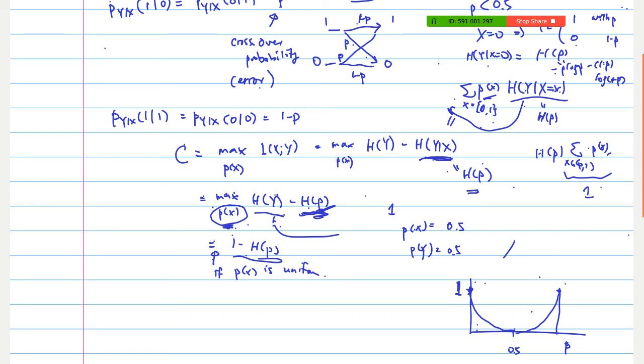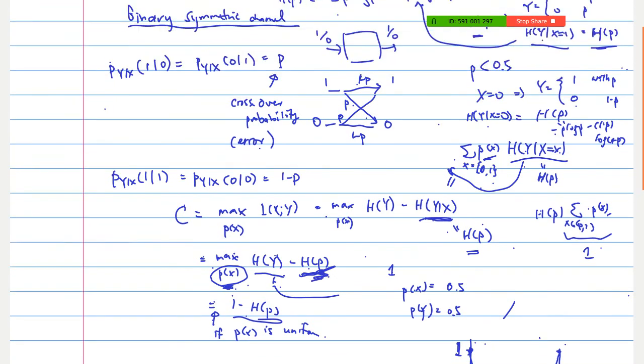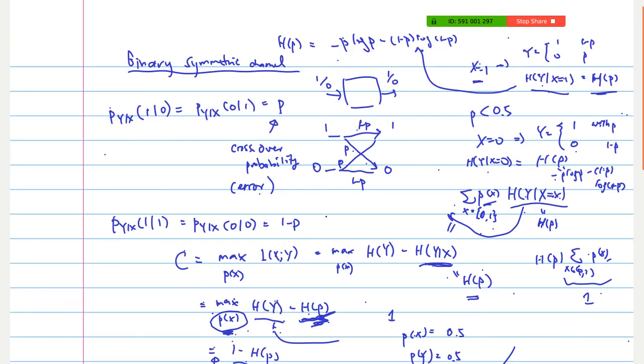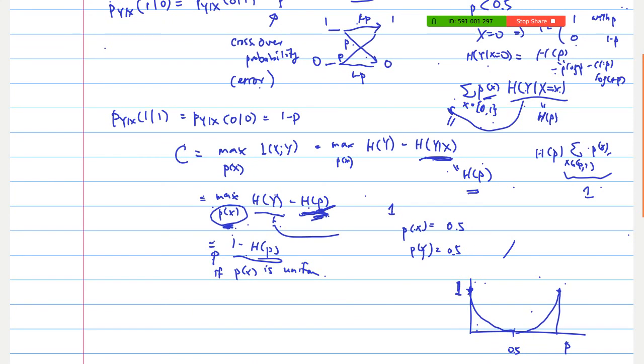It seems strange at the beginning, but be careful about how p is defined. P is the crossover probability. When p is equal to 1, it's saying that every time I send 1, I get a 0.